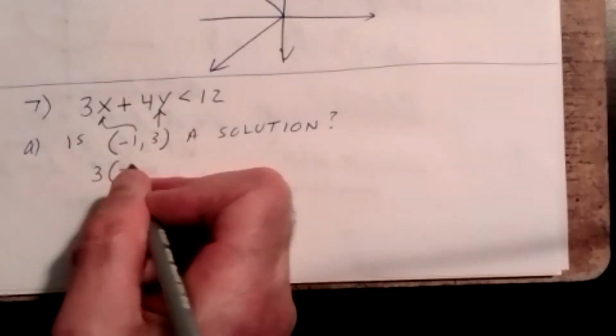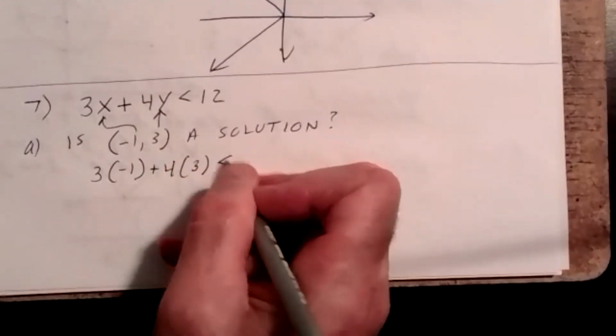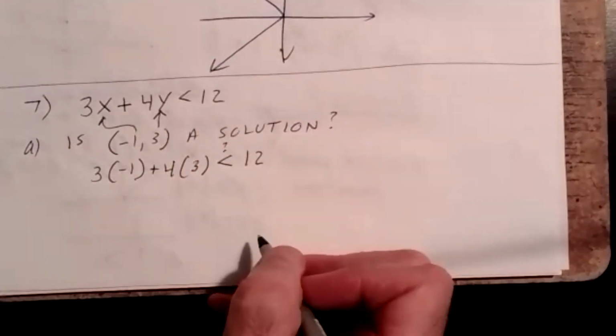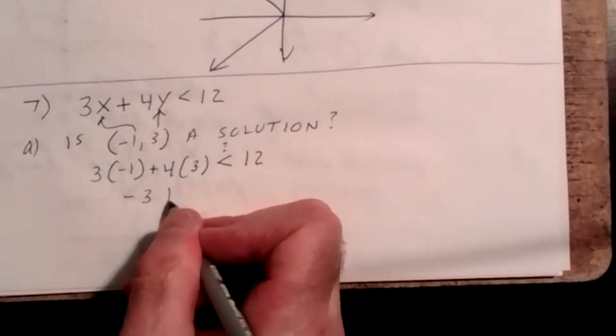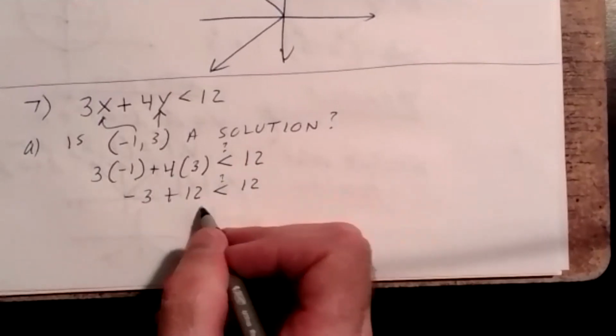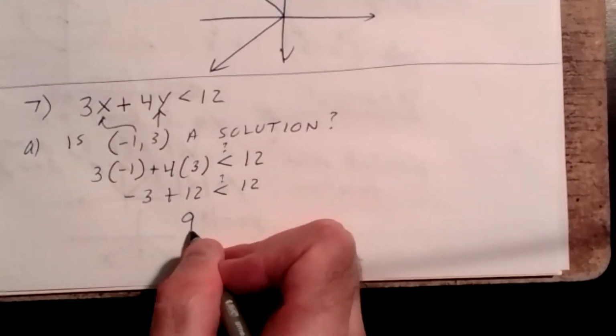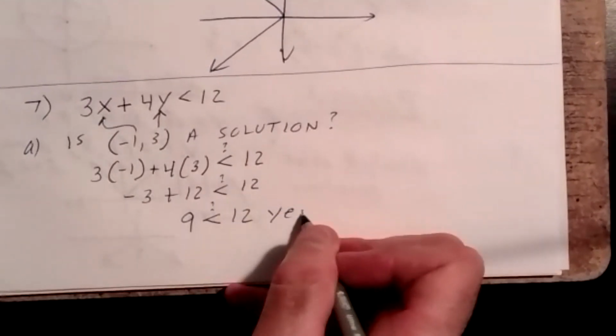Is 3 times -1 plus 4 times 3 less than 12? Is that true or false? Well, 3 times -1 is -3, 4 times 3 is 12. -3 plus 12 is 9. Is 9 less than 12? The answer is yes.